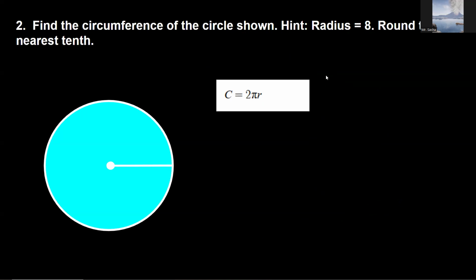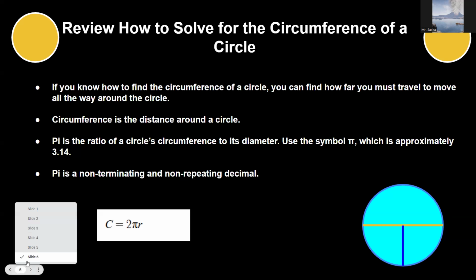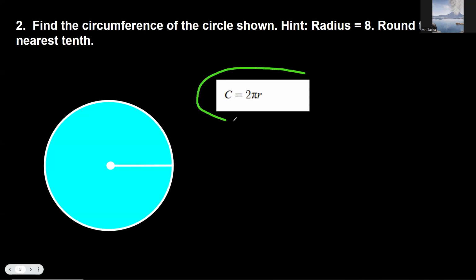Always use this formula so that you can solve for the circumference of the circle. And look out for the hints as well.